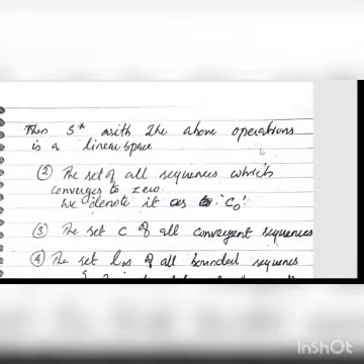All convergent sequences we are to take, and let L infinity be the set of all bounded sequences. We know that a sequence x_n is said to be bounded if the norm or mod of x_n is less than M. Since we are taking real or complex numbers, we should read it as mod of x_n is less than M for every n.